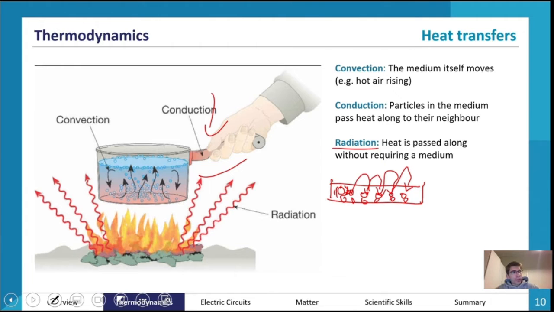Now, thermal radiation is a form of transferring energy from one object to another without a medium. What does that mean? That means that there is no need for a medium to be there, or in other words, you can transfer heat energy via thermal radiation even in a vacuum.